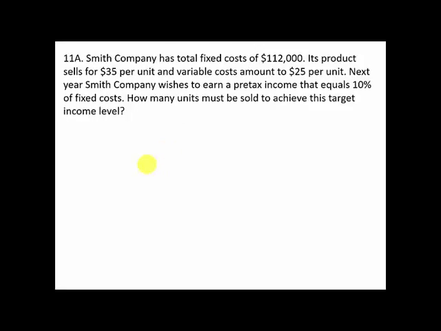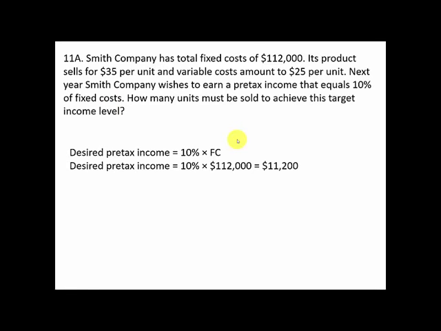Number 11A. How many units must be sold to achieve target level income? The target level income we're trying to get to is a pre-tax income that equals 10% of fixed costs. Okay, so let's do what we have to do. Our desired pre-tax income is 10% of fixed cost, which would be 10% of $112,000, or $11,200.